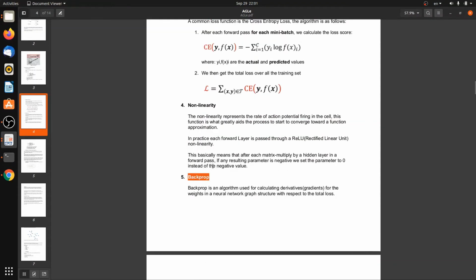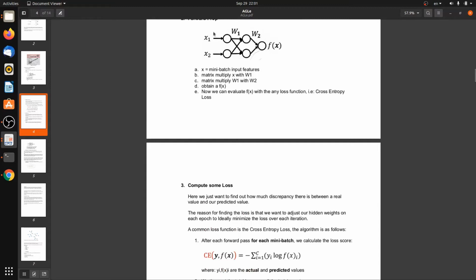So after we've completed the forward pass, now we want to go backwards. We're going to calculate the derivatives with respect to the loss. Remember that we computed a loss score, and we want to propagate this loss backwards, and then update these parameters and get them ready in such a way that it's going to minimize the loss in a future iteration, in the next forward pass.